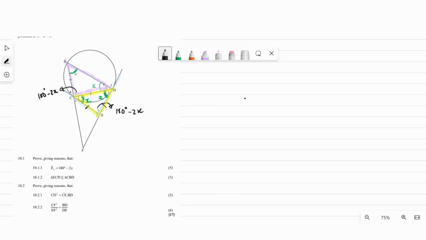So now moving to 10.2.1. It says prove, giving reasons, that CD squared is equal to CE multiplied by BD. So we need to state where they are. CD is this one, the common side, right? Then they tell us that it is equal to CE, which is this one, then multiplied by BD, which is this one.